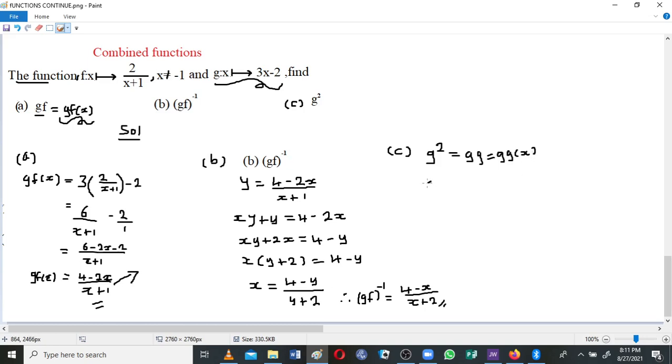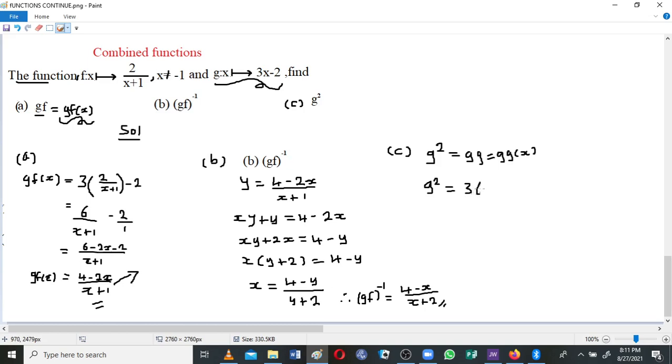Okay, so we can now proceed. We have the function equal to 3, so we open our bracket. This is one function, and we're substituting the other function into the same one.